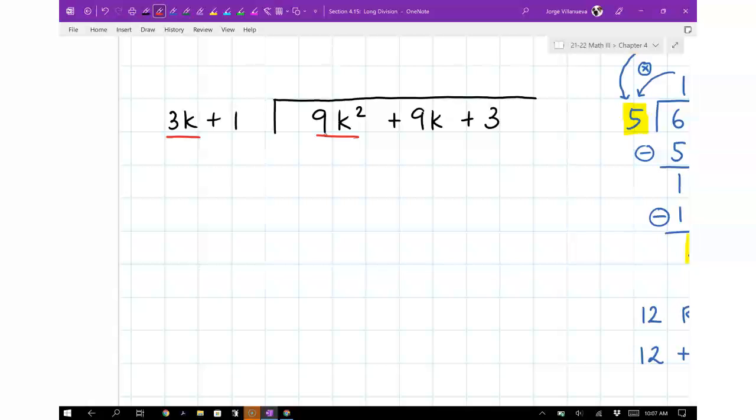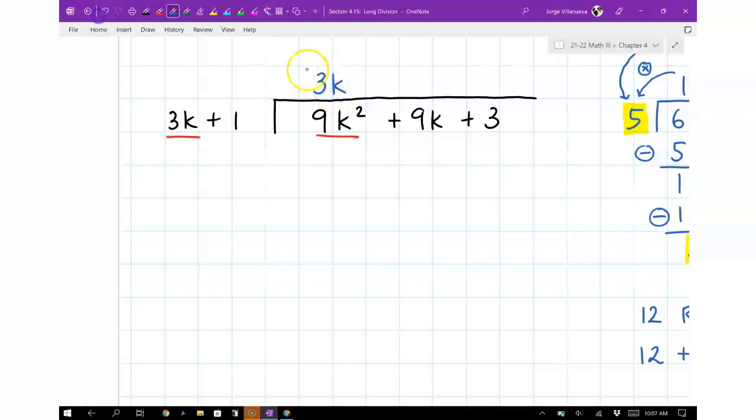Well, not just 3, but the 3 is part of it. So 3 times 3 is 9. K times what is k squared? K. So 3k, right? So 3k times 3k would be 9k squared.